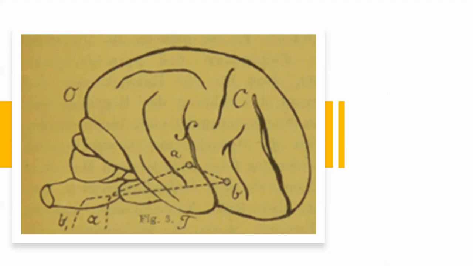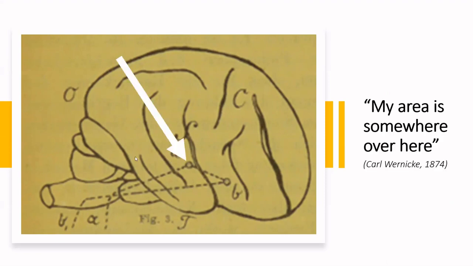This was from his dissertation, and he put an A over here, indicating that this is roughly where he believed the auditory center, language center was located, but he did not specify it exactly. And he did that deliberately because he also didn't really believe that there was going to be one specific location in each and every patient. He believed it would be located somewhere over there, and that sufficed.